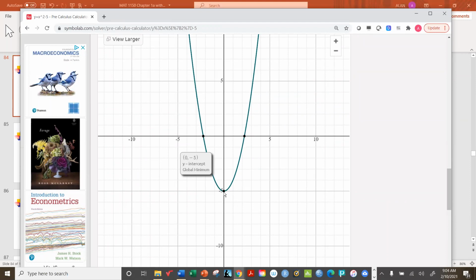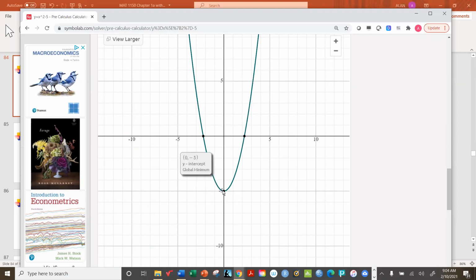So the range starts here and works its way all the way up to positive infinity, whereas the domain is the entire real number line. All the values of x are covered. It may not look like it because it's so steep, but yes, this does go up forever. So the domain is the entire real number line, but the range begins here at (0, -5), and we work our way up to positive infinity.